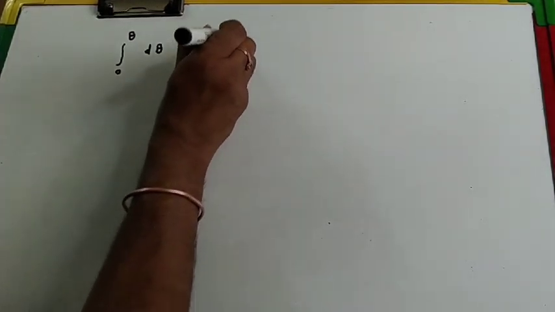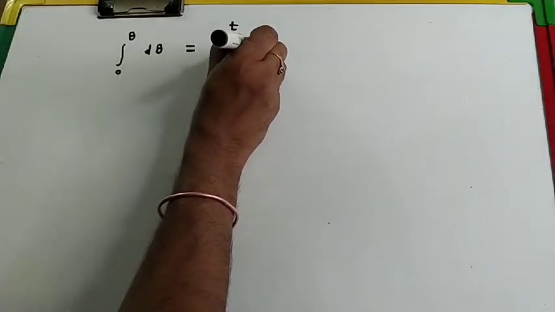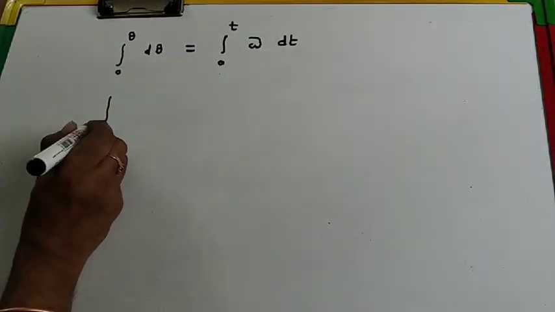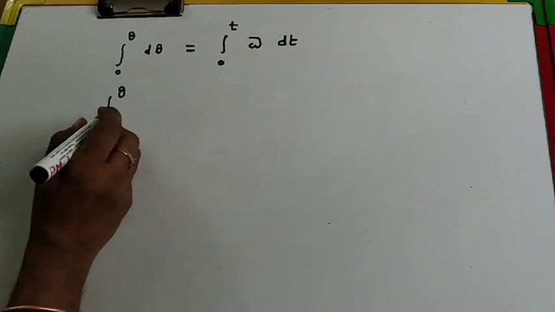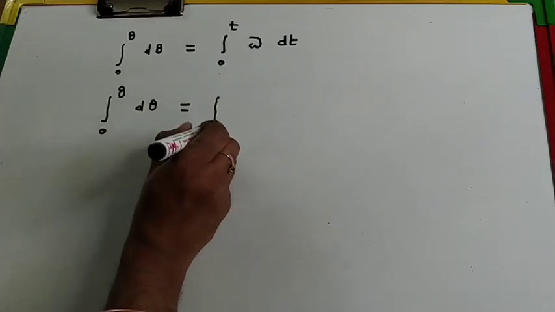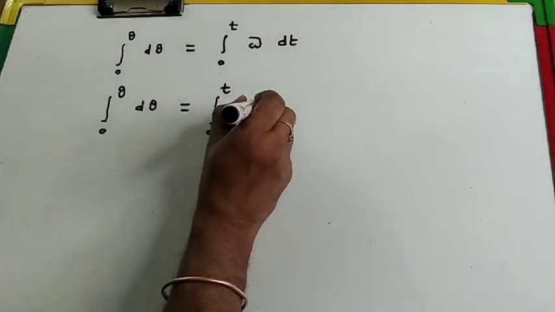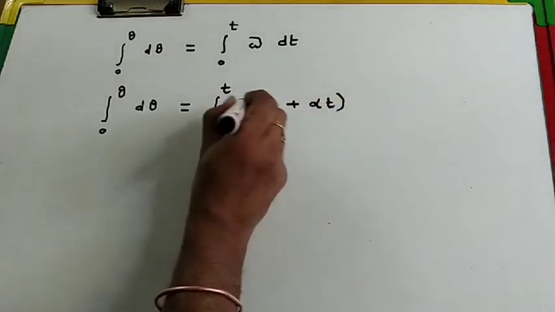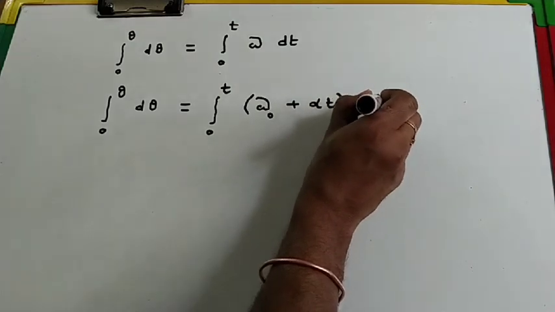Integral 0 to theta d theta is equal to integral 0 to t (omega naught plus alpha t) into dt.